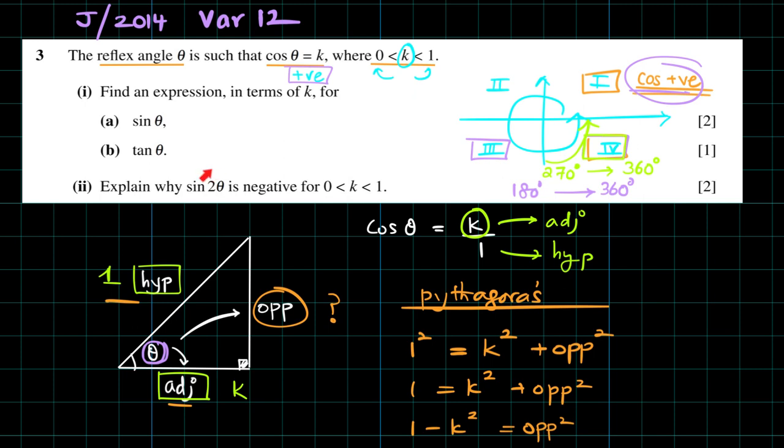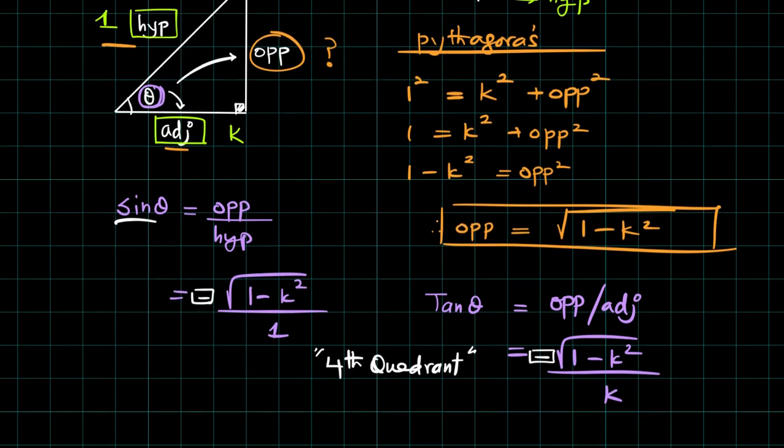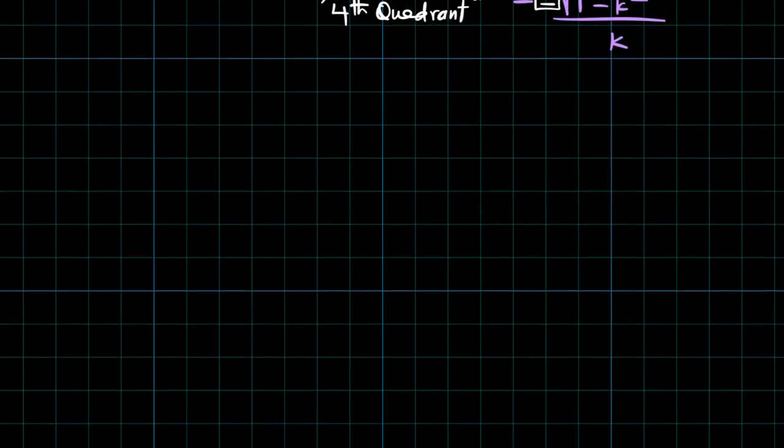Explain why sine 2 theta is negative for the same range of values of k. So now let me underline it a bit. Why is sine 2 theta negative? Now first of all, remember we have determined that theta lies in the fourth quadrant. So let me write it down.